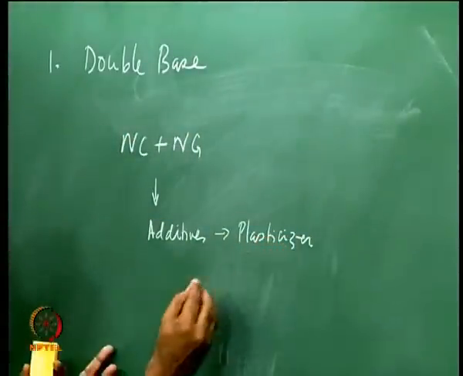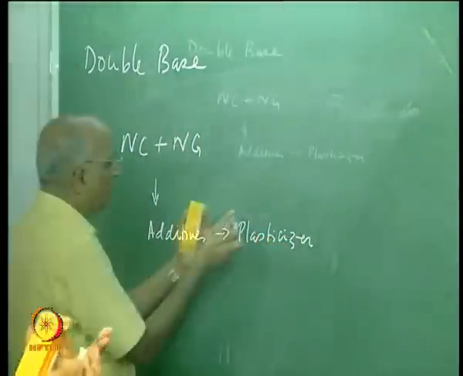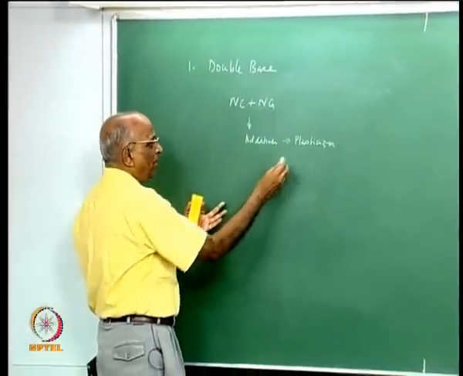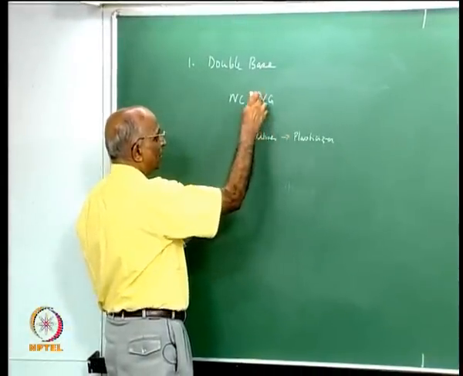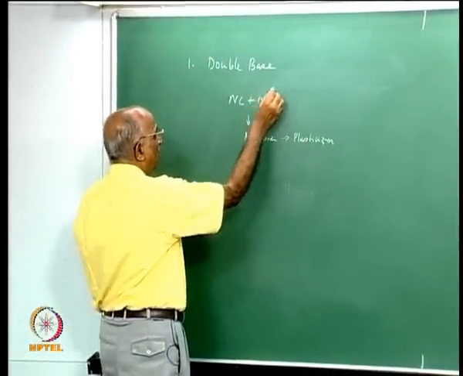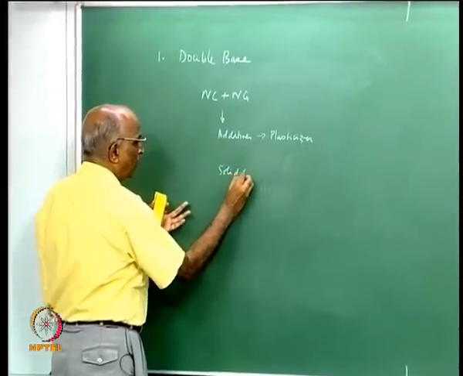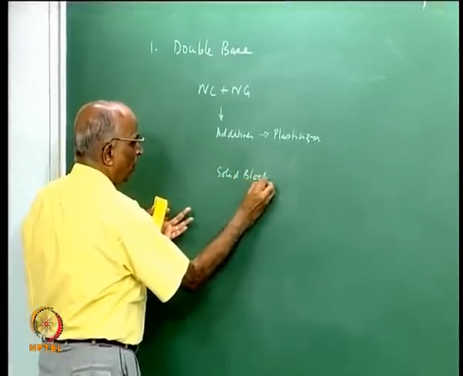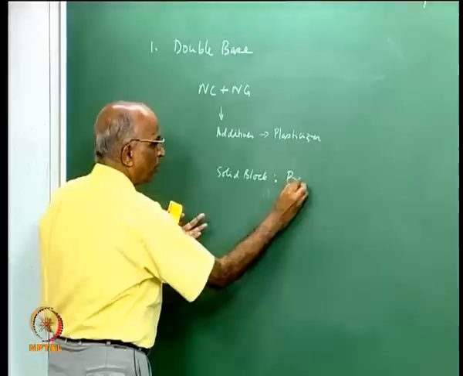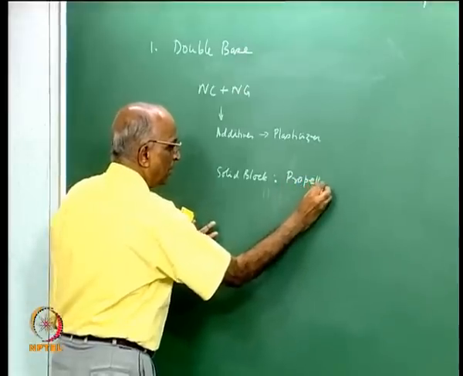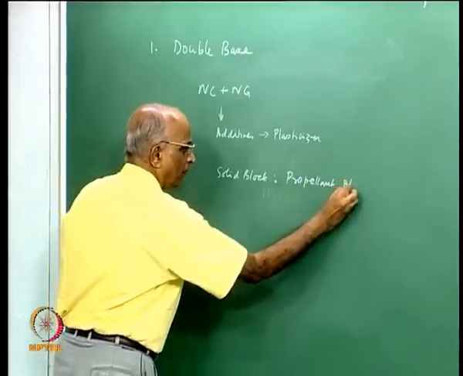We add something which will make it flow because I would like the two to mix together. We add some plasticizer, a small part of it, we make it into a liquid, we cure it, make it a solid block, and this solid block we call a propellant grain or a propellant block.